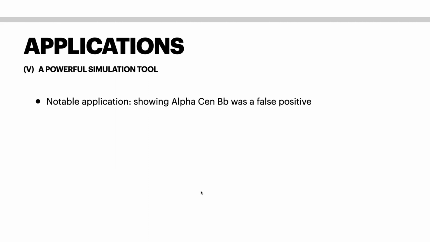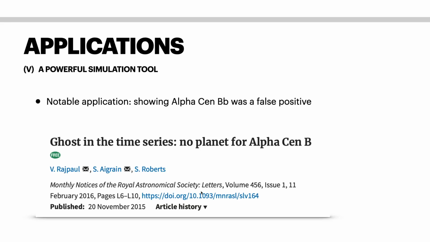One notable application of GPs in this way was showing that Alpha Centauri Bb, for a while thought to be the closest exoplanet to Earth, was most likely a false positive related to gaps in the data and a suboptimal activity model. Specifically, in fact, the big 23 parameter model I showed you earlier. If you'd like to know more, you can have a look at this short paper.